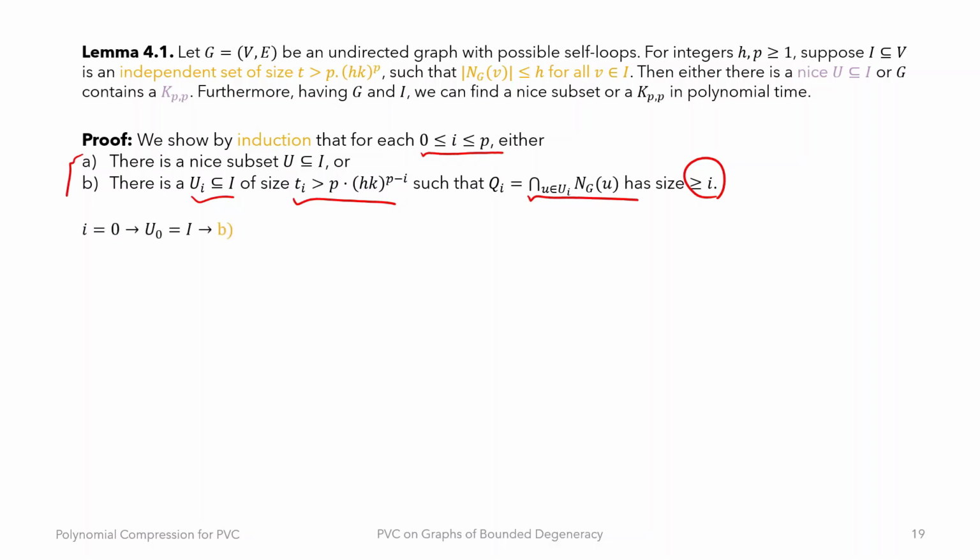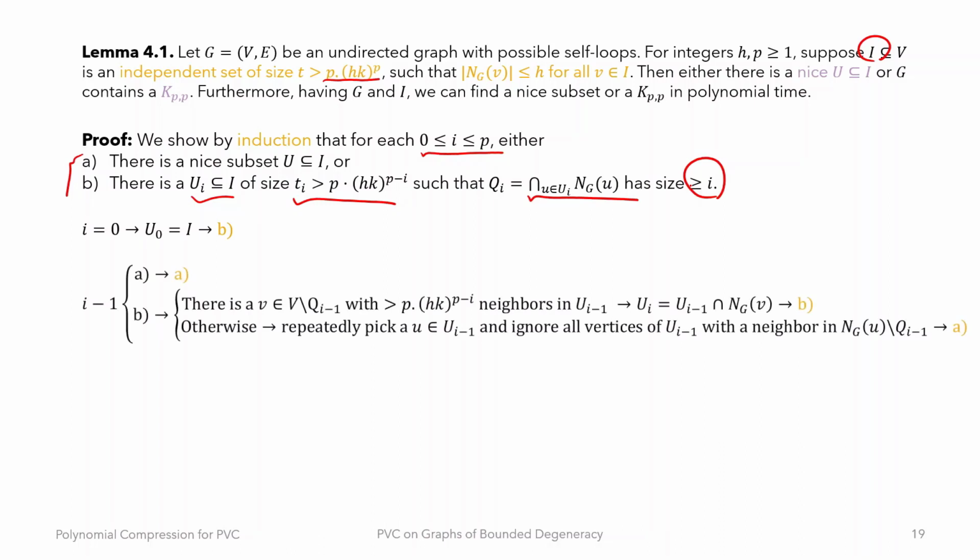The base of the induction is easy. We just consider the whole set as U_0. It is big enough, and the intersection should have size at least 0, so we don't care.